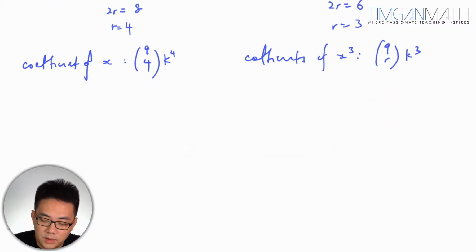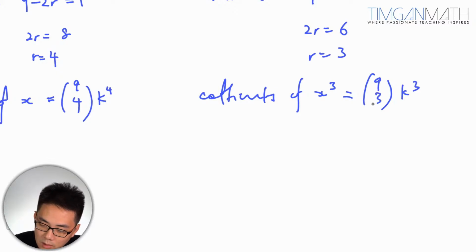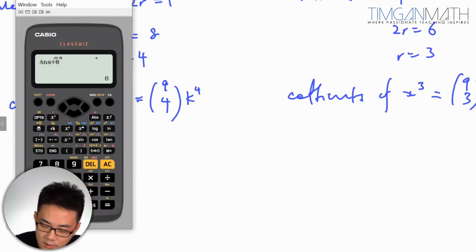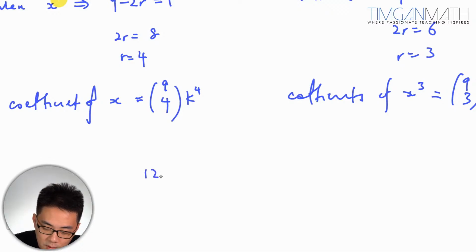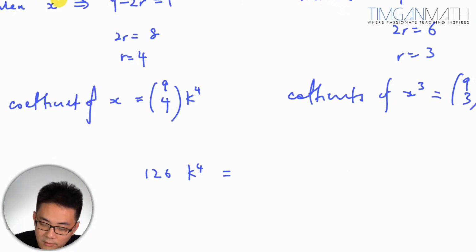Then what we're going to do is equate them. So 9 choose 4 k to the power 4 equals 9 choose 3 k cubed. 9 choose 4 is 126, and 9 choose 3 is 84. Okay, great.